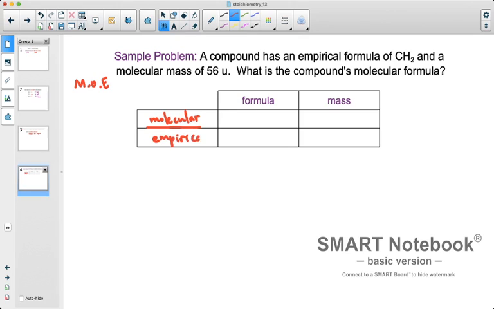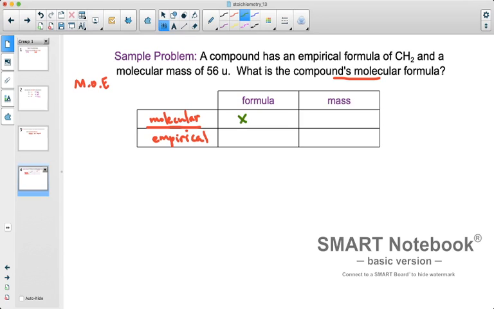And I make this chart for myself, and you don't have to do it, it's not a requirement, just to organize what's in the problem. Now the problem says, what is the compound's molecular formula? That's what the question says. So my unknown is right here. I don't know the molecular formula. That's what I have to find. So I'm going to make it an X.